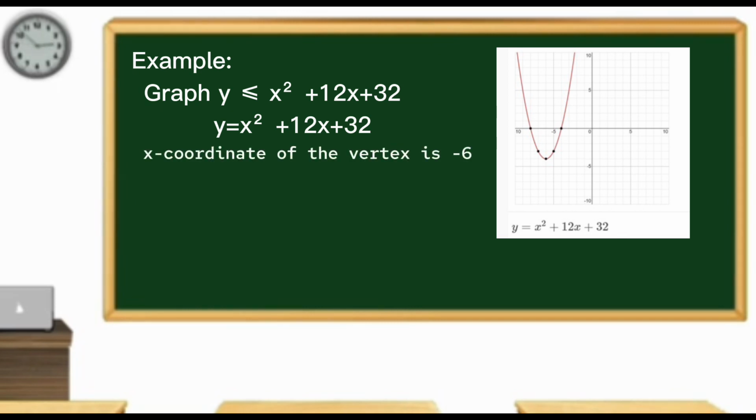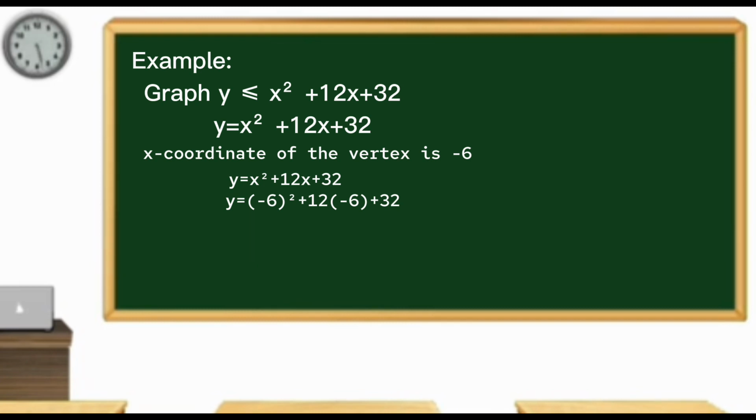Plugging in this x value, we get y equals x squared plus 12x plus 32. Y equals (-6) squared plus 12 times -6 plus 32. Y equals 36 minus 72 plus 32.